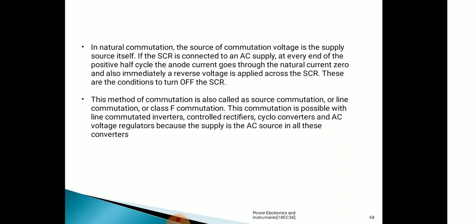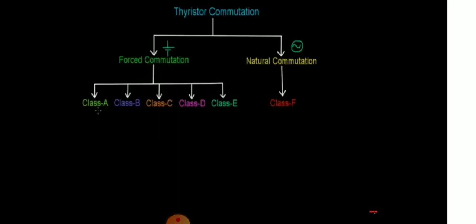As soon as the peak reaches zero, that is the positive half cycle end, the current goes to a natural zero, and immediately a reverse voltage is applied across the SCR. So we call it natural commutation. No external circuit or external elements are required to turn off the SCR.